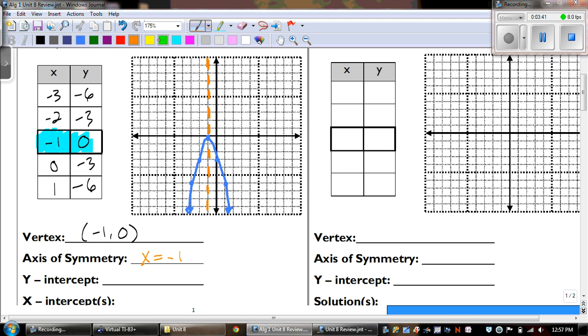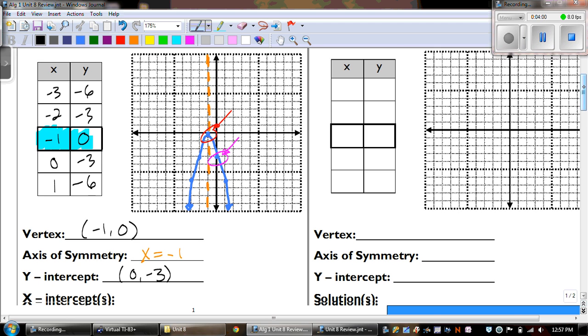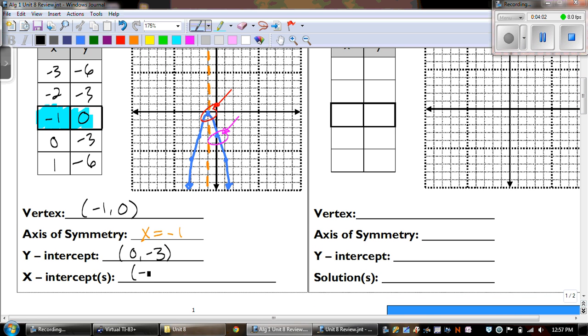Our y-intercept is where it touches the y-axis. So that's at 0, negative 3. And then the x-intercepts is where it crosses the x-axis or touches the x-axis. And this one there's only one, and that is at the point negative 1, 0. Okay.